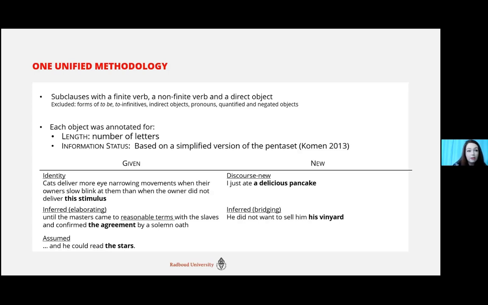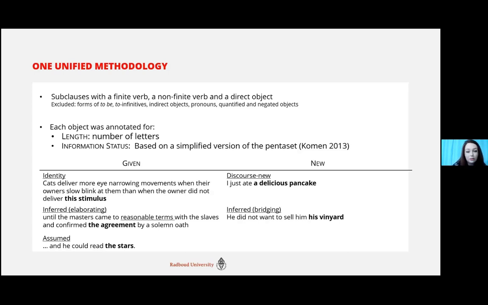Discourse-new objects are objects that are entirely new in the discourse. So, "I just ate a delicious pancake." You have no clue what I just ate, so this is really a new object in this discourse. But I also considered bridging inferables cases of new objects. In the case of bridging inferables, there is also a relationship with something that has been mentioned before, but the existence of that particular referent doesn't directly follow from the existence of the antecedent.